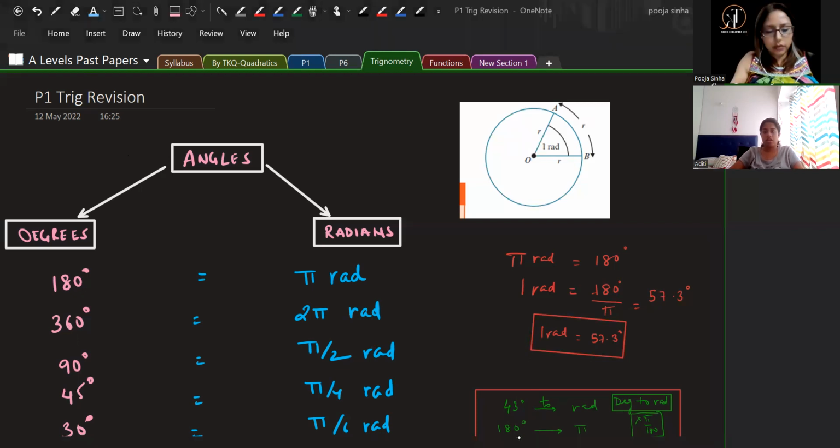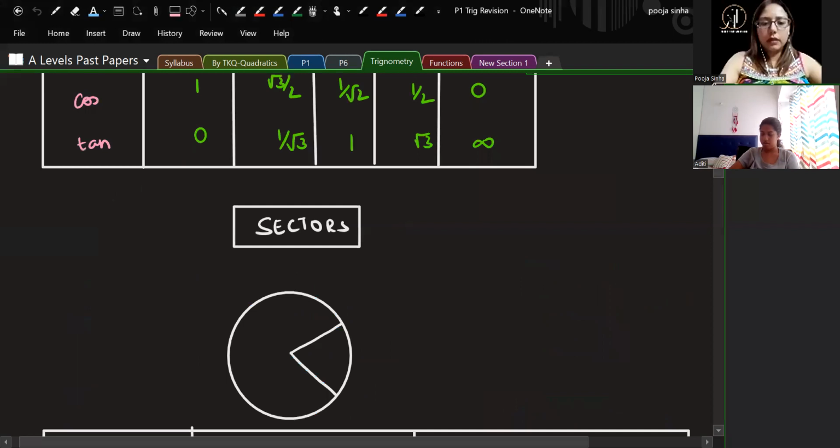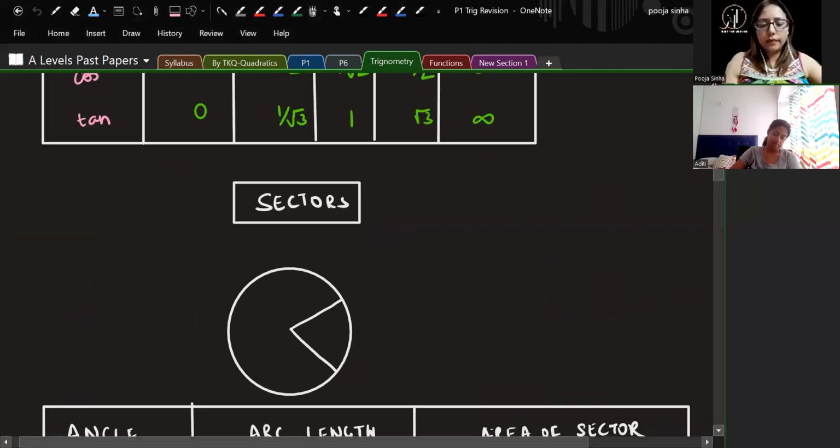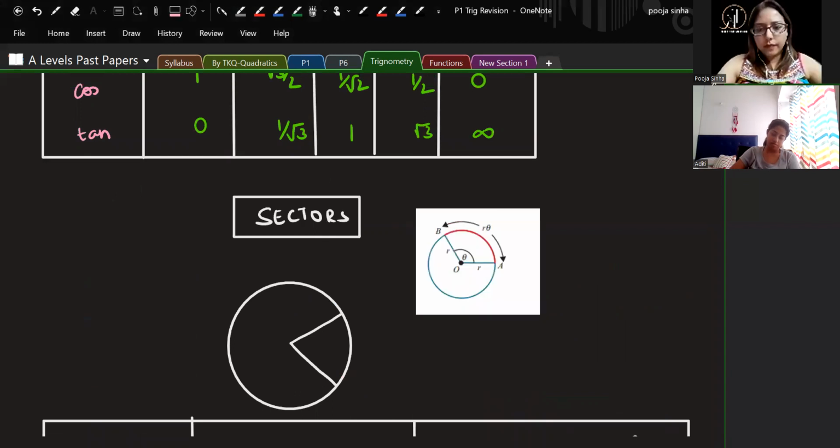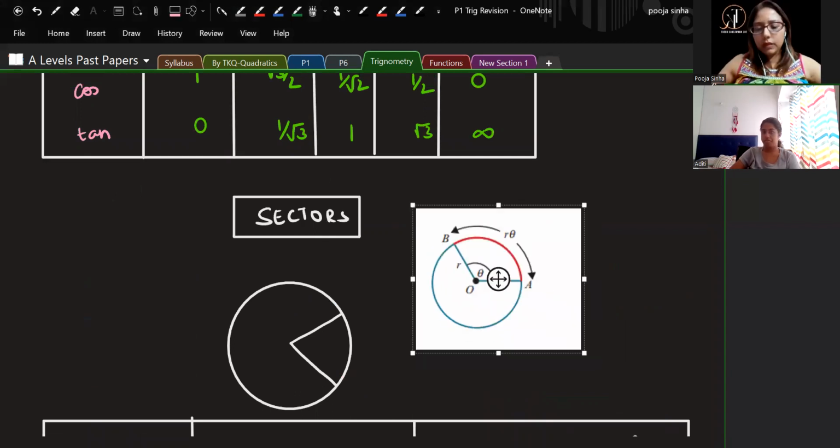Now, if you've understood this concept, you understood what is coming next. Here comes the formula for our arc length. This is my arc.